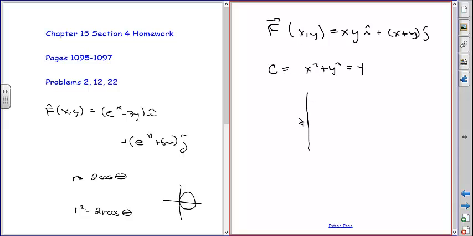So that's a circle of radius 2. It's going to look like that. And so we're going to move counterclockwise.